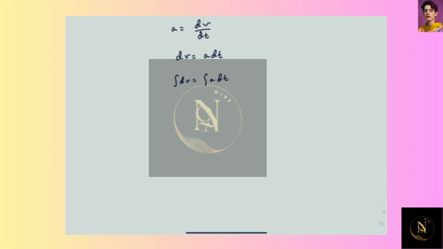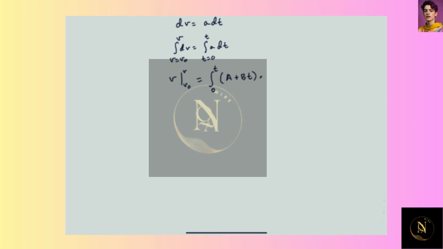And the bounds of this integral, I want to go from v0, our initial velocity, to v. And I'm going to go from a time of 0 to time t. And from here, we just get v going from v0 to v. And on the right side, we want the integral from 0 to t. And our acceleration is a plus bt dt.